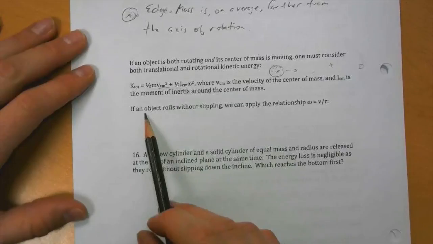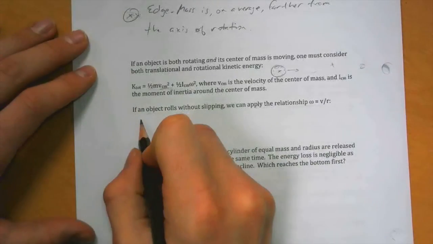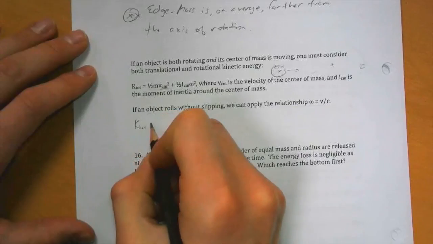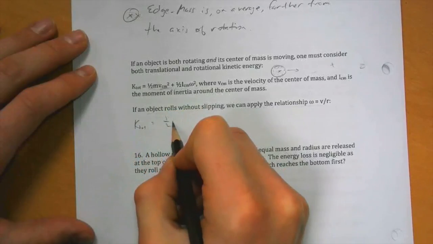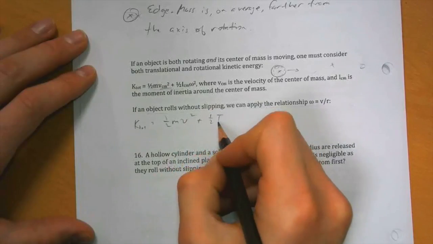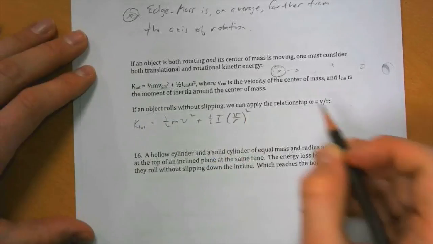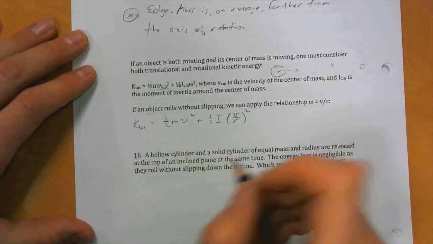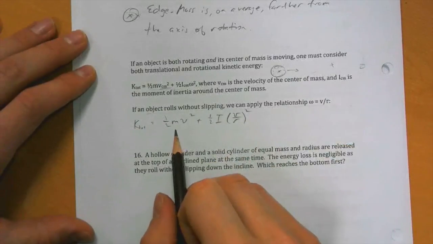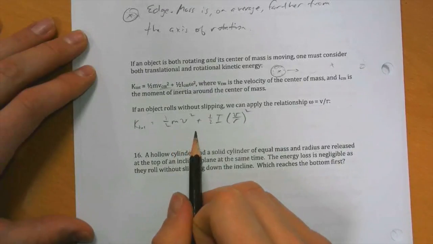Now, if an object rolls without slipping, we can apply this relationship, and then our total kinetic energy becomes 1/2 mass times velocity squared plus 1/2 I times (v over r) squared. And then I'm going to do a little bit of algebra with this.